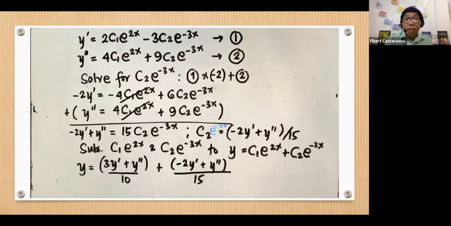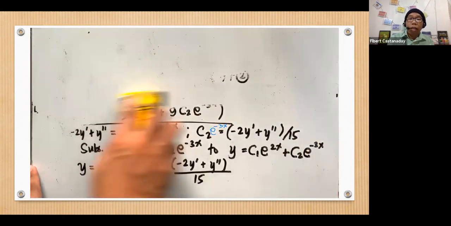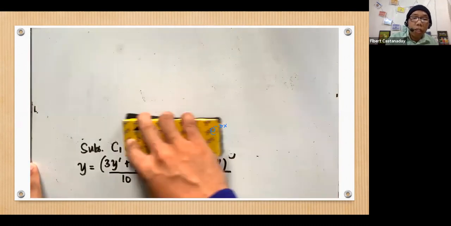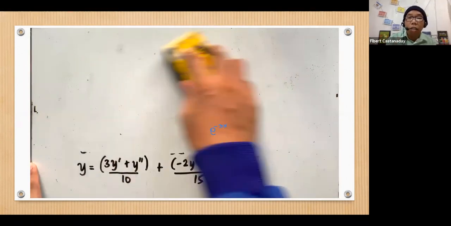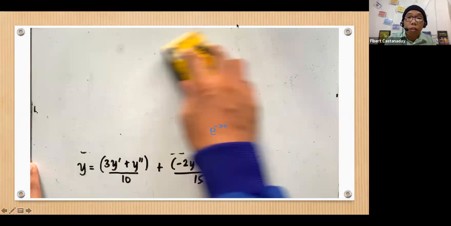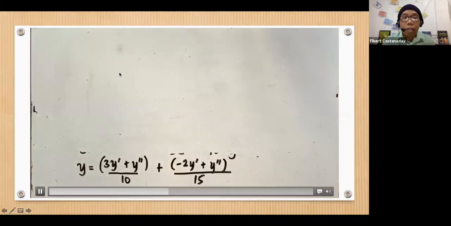Okay, so now we simplify. This is now actually your differential equation, so wala nang presence ng arbitrary constants. But what we will do here is simplify. This is the challenge here: we will simplify the resulting equation after substitution. So let me just erase the board and let's continue.